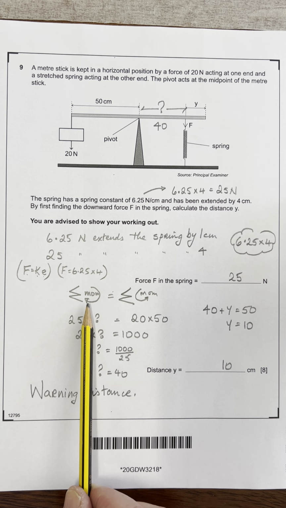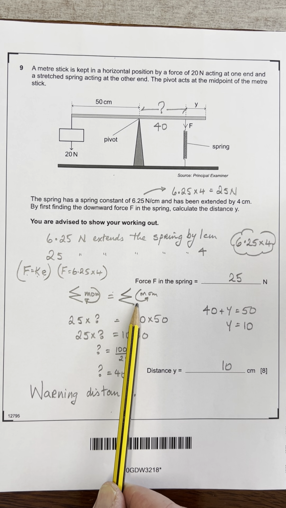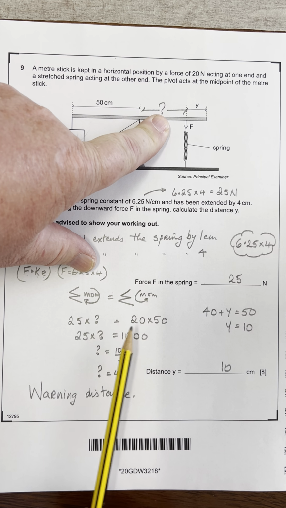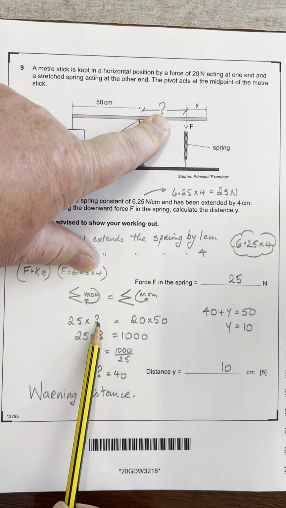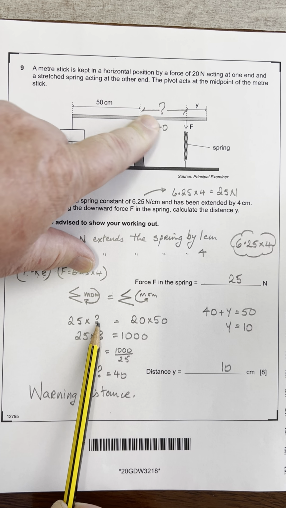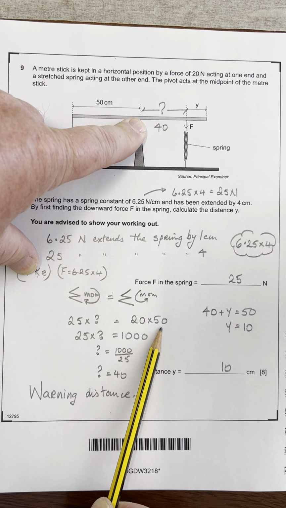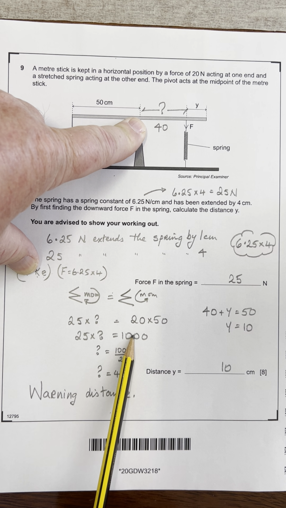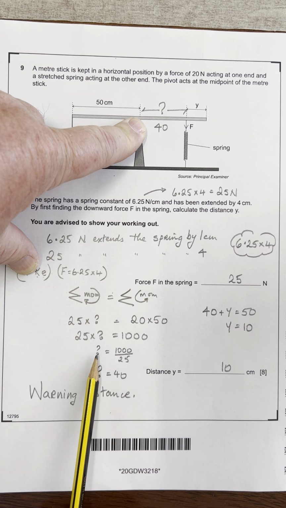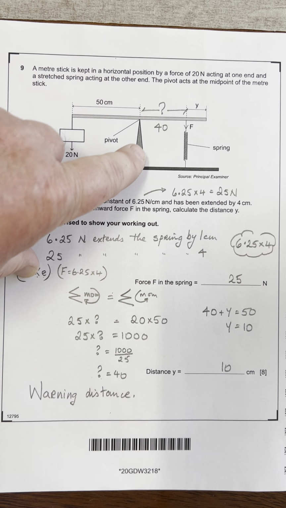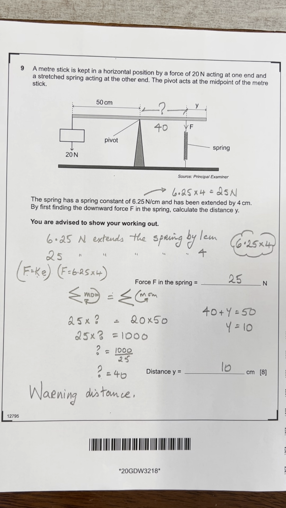Now we need to find the force. Sum of the clockwise moments and sum of the anti-clockwise moments. 25 by question mark. Force by perpendicular distance from the pivot is equal to force by perpendicular distance from the pivot. Tidy up a bit. So that distance works out 40. But don't forget, the examiner is not your friend.